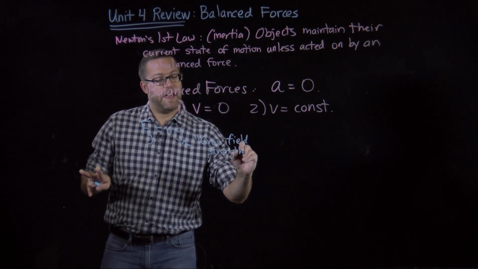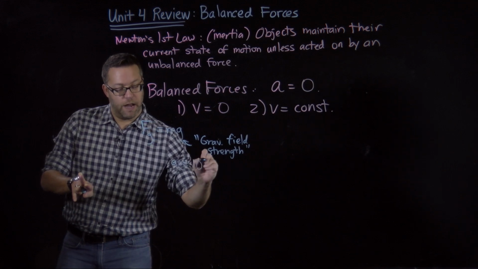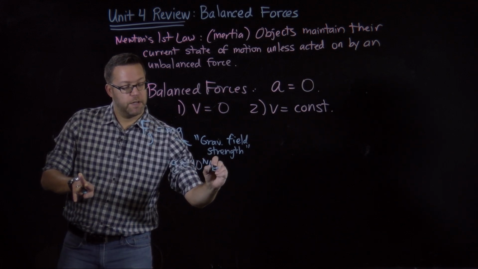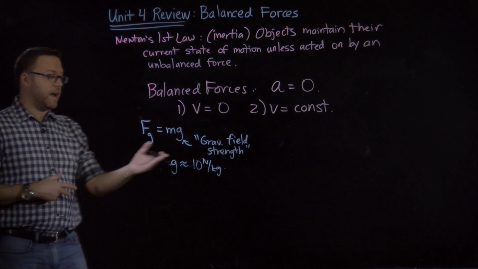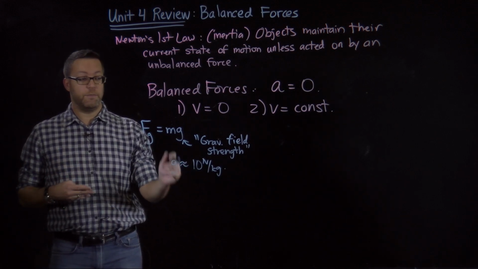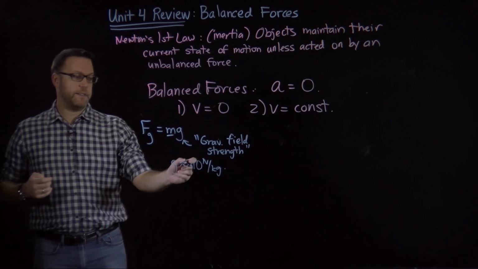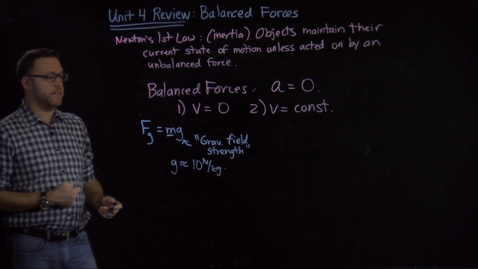And we said that that had the value of about 10, or 9.8, newtons per kilogram, which says that when an object is in a gravitational field, the field force between that mass and the field is basically 10 times the mass, okay?